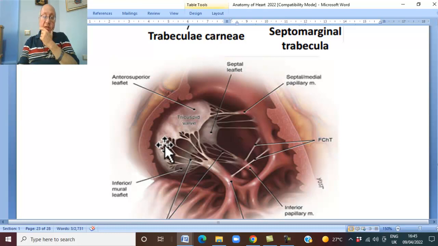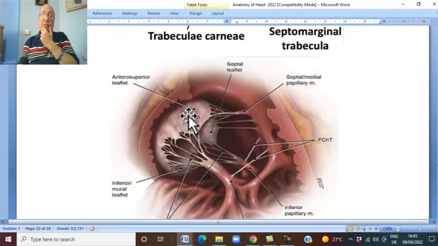Therefore, each cusp receives chordae tendineae from two of the three papillary muscles. In the right ventricle, there are three papillary muscles. Each cusp receives chordae tendineae only from two of these three muscles in the right ventricle.